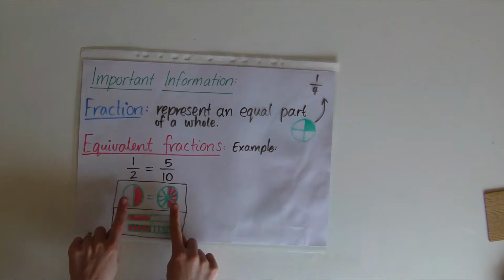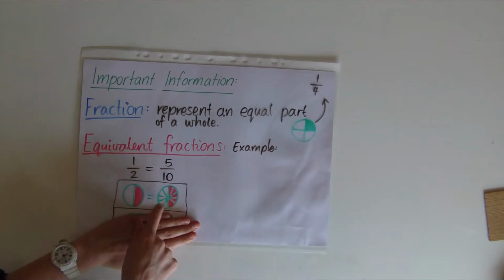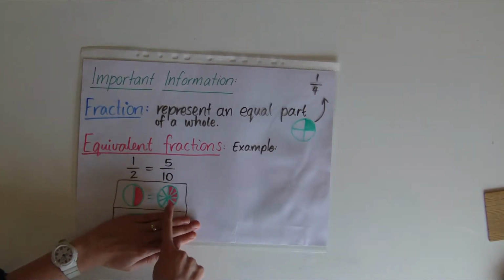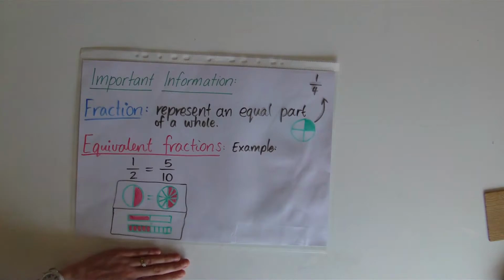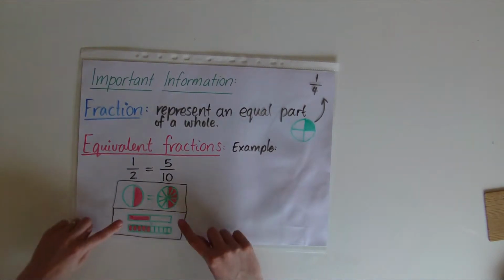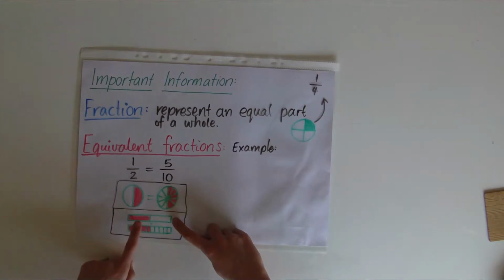And then as you can see visually, half of this circle is shaded in, and half on this side here, the red part, is shaded as well. And I've kept those green lines in between to show you the parts, so that there are 5 coloured in there. This one here is the same thing. We've got half represented here, so 1 out of 2 parts are shaded.